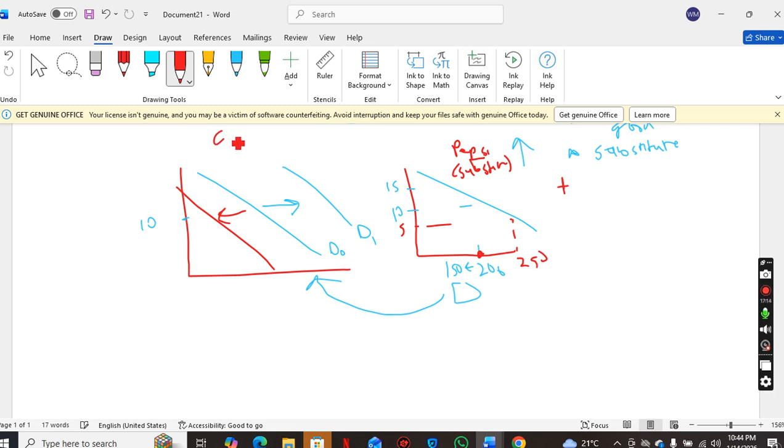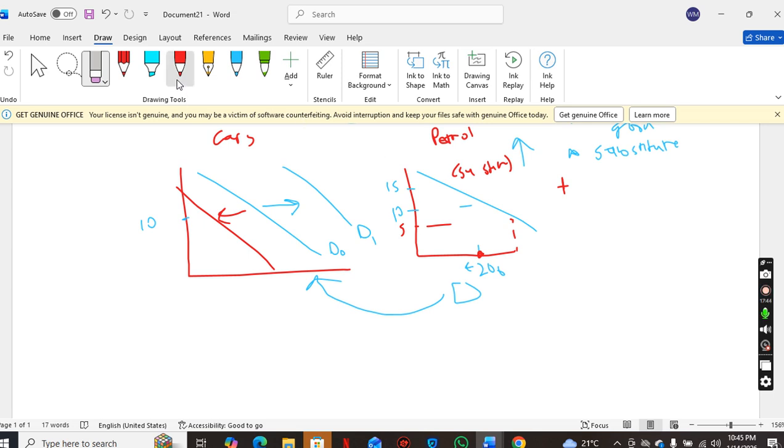So I'll say cars and petrol. So petrol is the complementary good, okay? Because it's used together with this car.